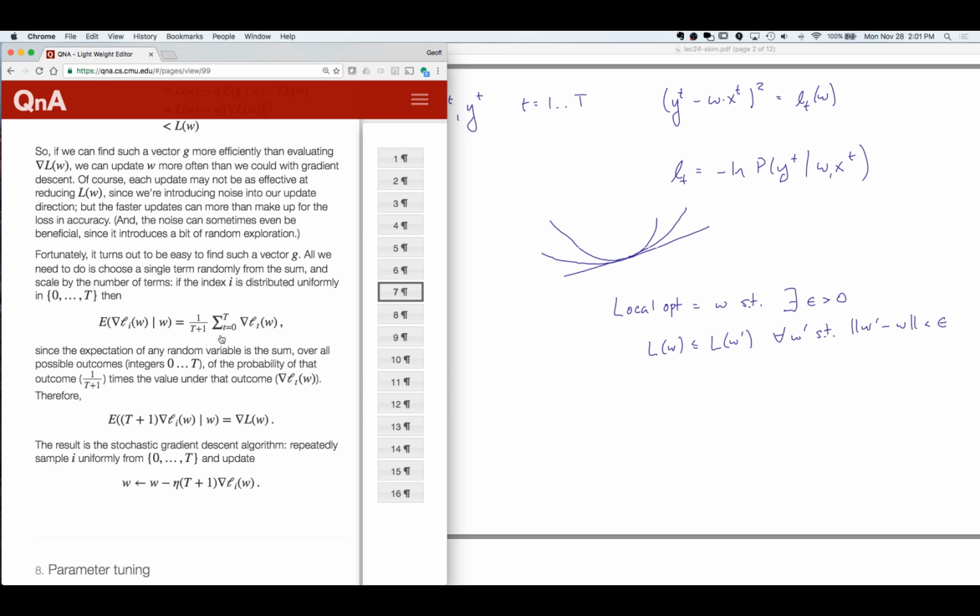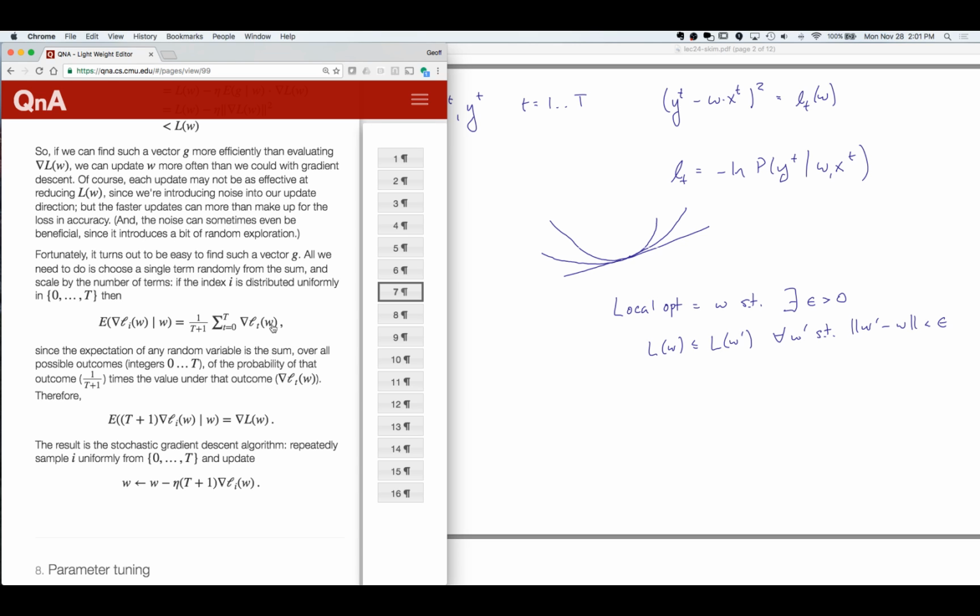So I'm going to sum from t equals 0 to big T of the probability of getting that value of I, which is 1 over T plus 1, times the value of our random variable, which is the gradient of L_t of W, given that I equals t.